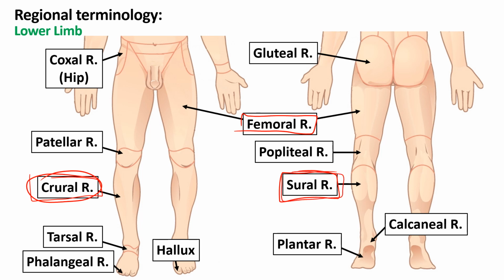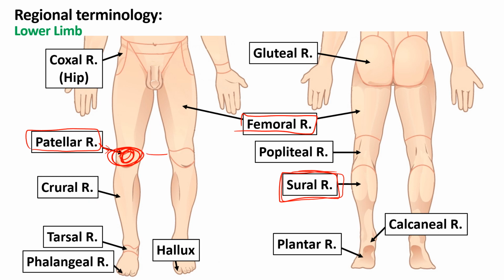Now, between the crural and the femoral region, we have here the patellar region. We have a bone here, which is the bone of the knee, and this is called the patella bone. So this is called the patellar region, between the femoral and the crural in the anterior part of the body.